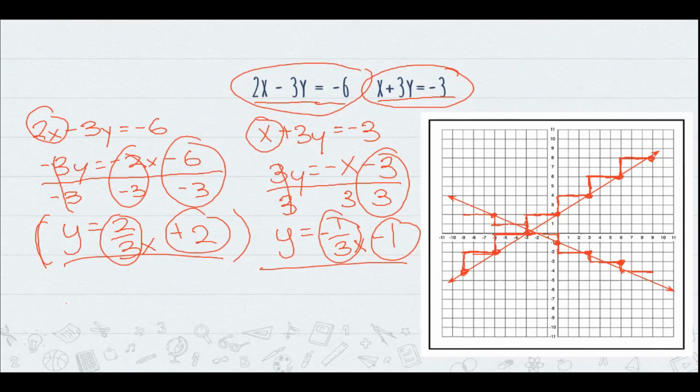And then our intersecting point here is, that's still red. Here. Okay. That point, which is -3, 0. And that would be our answer.